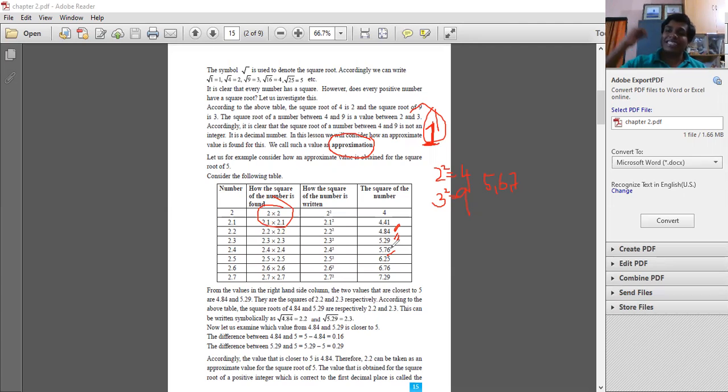So 5, 6, 7, 8 will fall between the squares of 2 and 3. From the values on the right-hand side, the two values that are closest to 5 are 4.84.